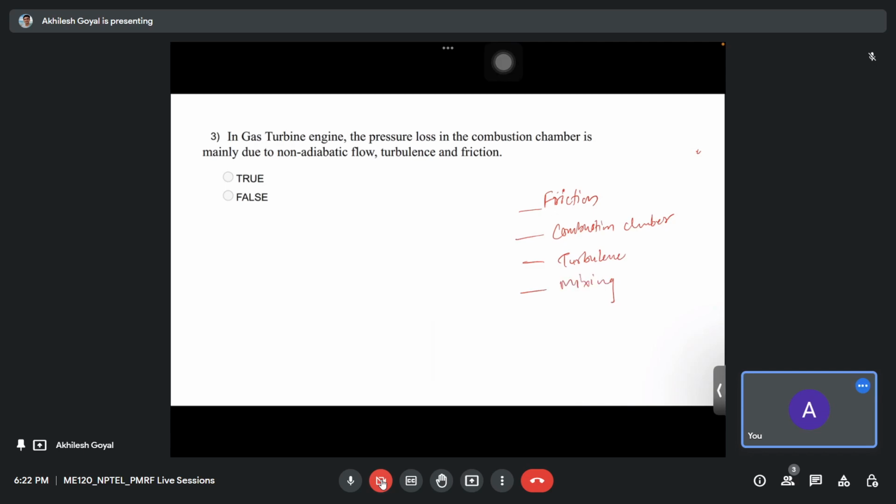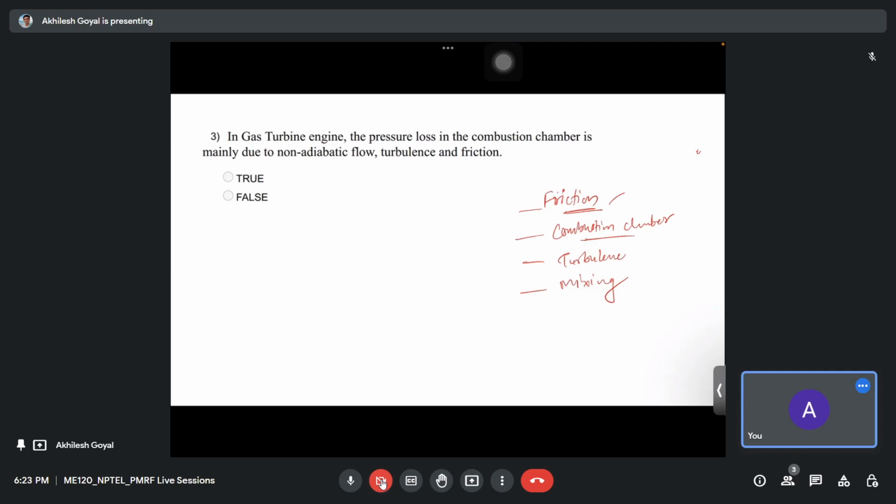Okay, so the pressure loss occurs due to the friction through the combustion chamber walls. The air passes through the combustion chamber, and from the walls it gets some friction. So that is the first reason. In the combustion chamber, the heat is generated. Because of the heat generation, the pressure is increased, and due to this, more losses are there.